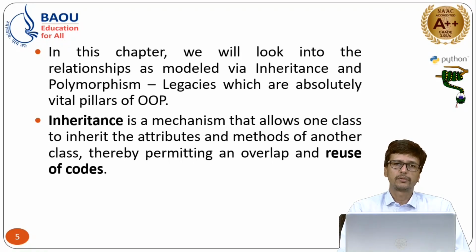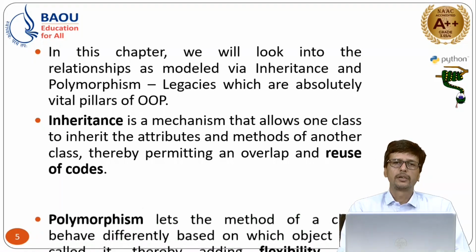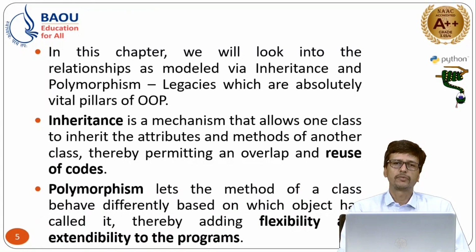If you want to derive the properties, that is the fields, as well as the characteristics or methods, from one class to another class, then you need to implement the feature called inheritance. So in inheritance, one class is called the superclass, or base class, from which you derive attributes as well as methods, and the class that derives all the attributes and the methods from its parent class is called the child class. You can also say it is a subclass, right? So this is the normal naming convention for the inheritance concept.